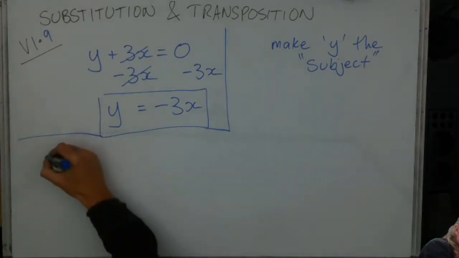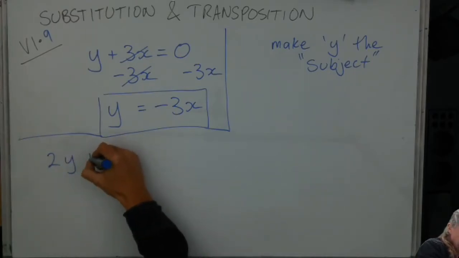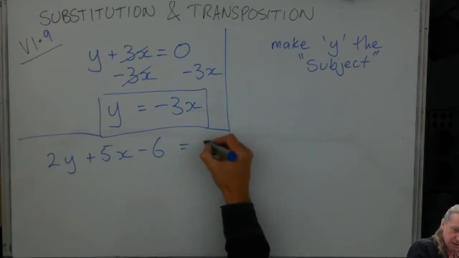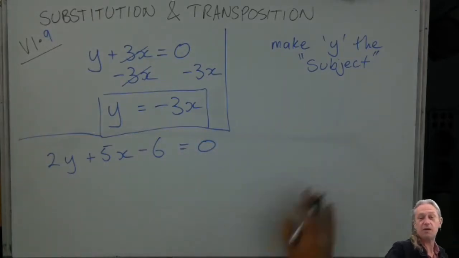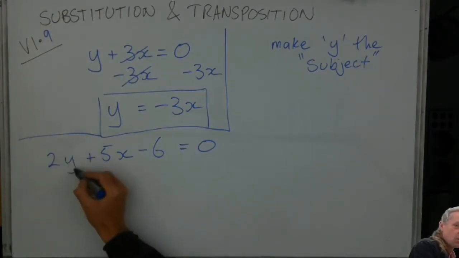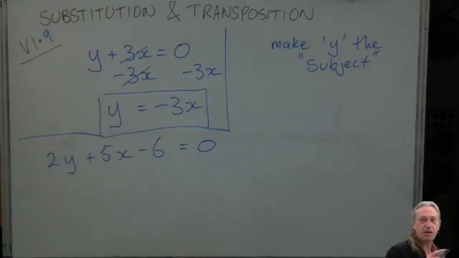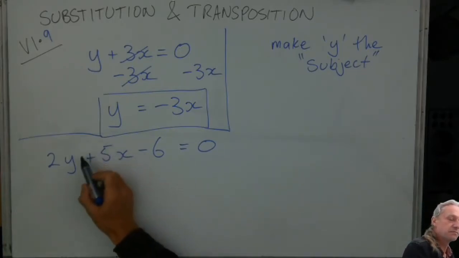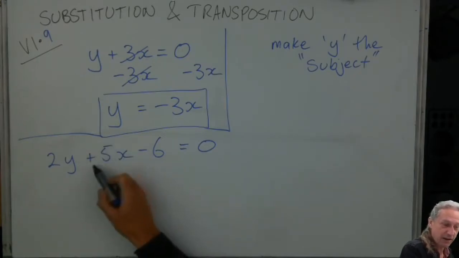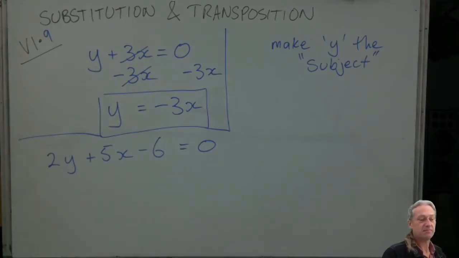So the next one, 2y plus 5x take away 6 equals 0. The same thing, it wants us to make y the subject. So we want the y on its own on one side of the equals and everything else on the other. The first thing, we need to take the 5x away from both sides, and we also need to add 6. So I might do both of those steps at once.